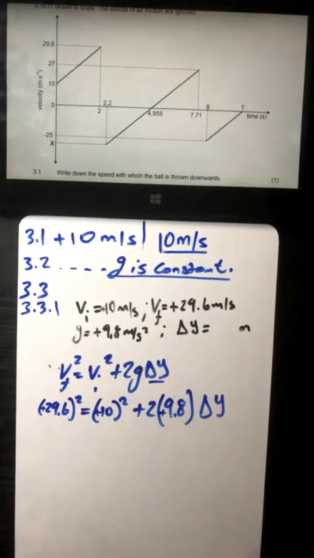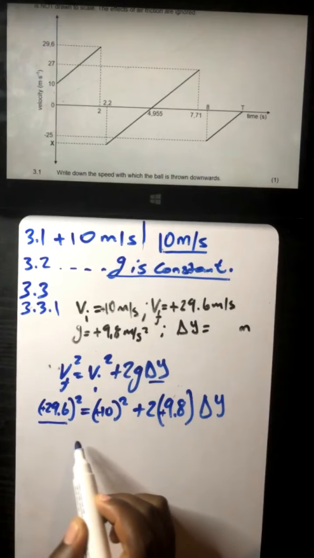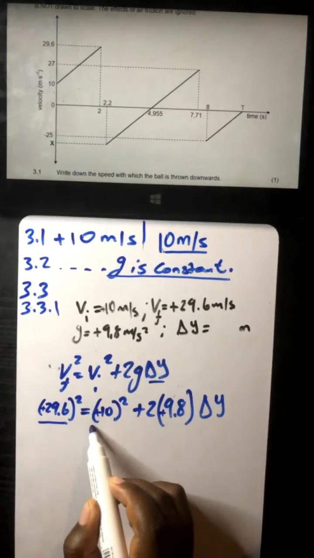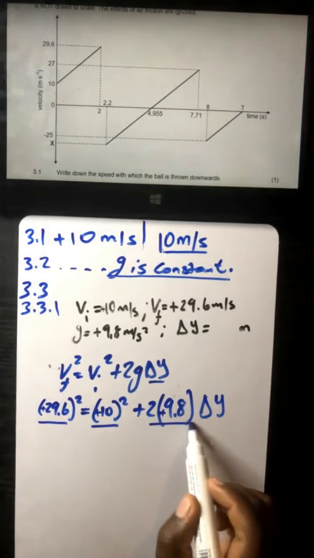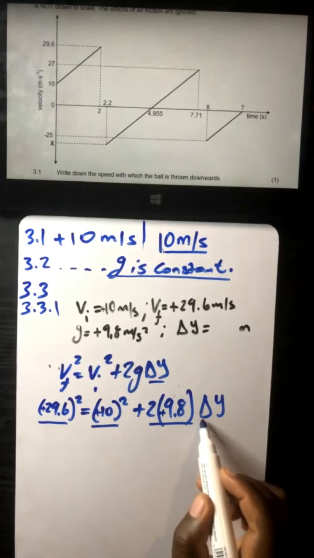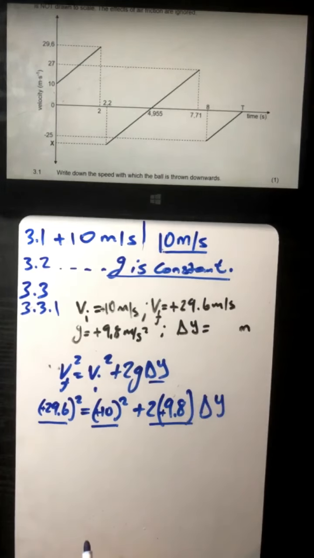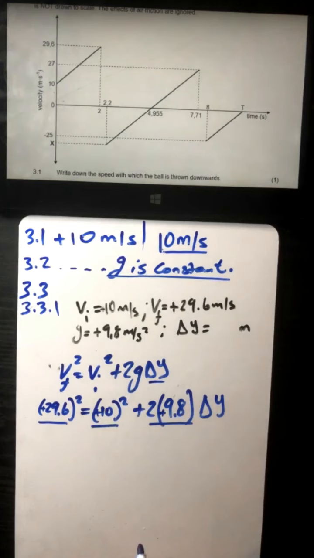G is also positive. So you're going to say V final squared minus that, you get an answer which you divide by 2 into that. Then that is going to be your delta Y. Guys, I'm not sure if you need me to show that step by step, but I think it's not a complicated calculation.